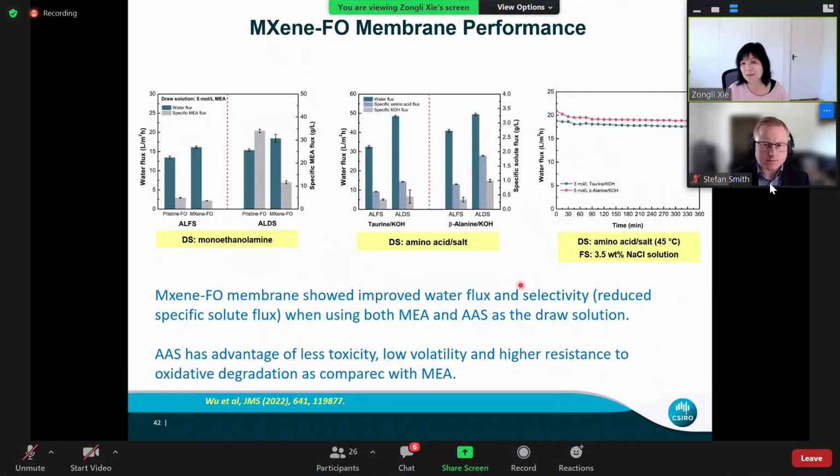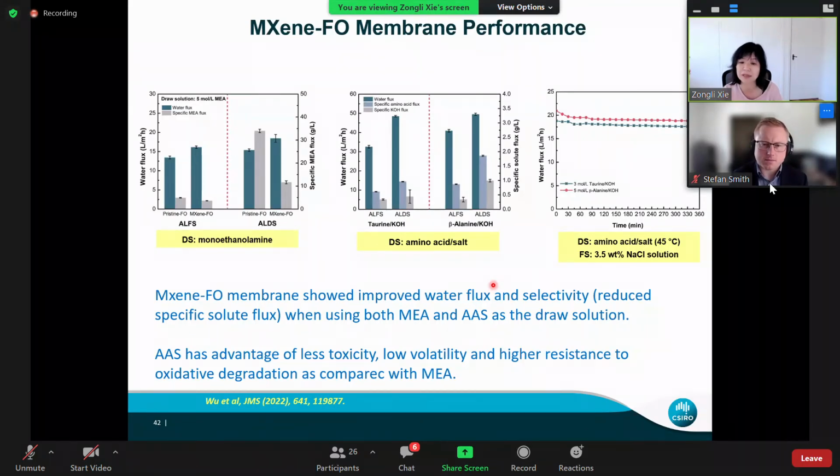And we evaluate this MXene interlayered membrane, and this is still a proof-of-concept study. In this work, we not only look at conventional MEA as a draw solution, but also at amino acid salt. This is a mixed absorbent, which is new compared with MEA as an absorbent.